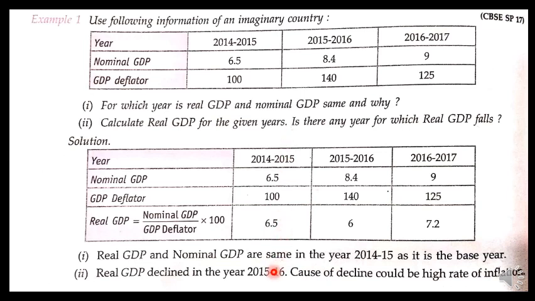You can also write that in both the years 2015-16 and 16-17, the real GDP's value is less, but it has fallen more in the year 2015-16 on account of the high rate of inflation, which we can see with the value of the GDP deflator, which is 140 as compared to the base year index 100. So this question here is answered. I hope you have understood. You please write it down in your copies. Let us go to the next numerical problem.